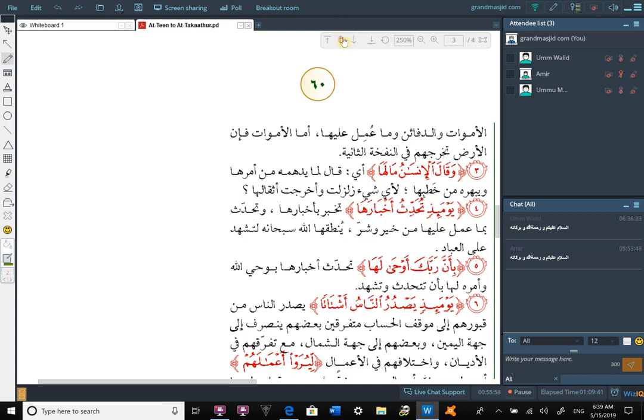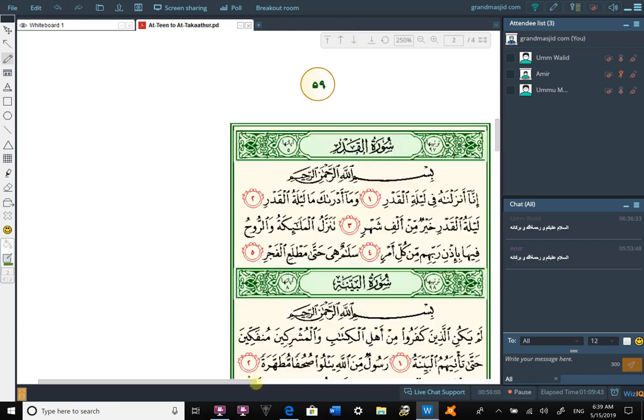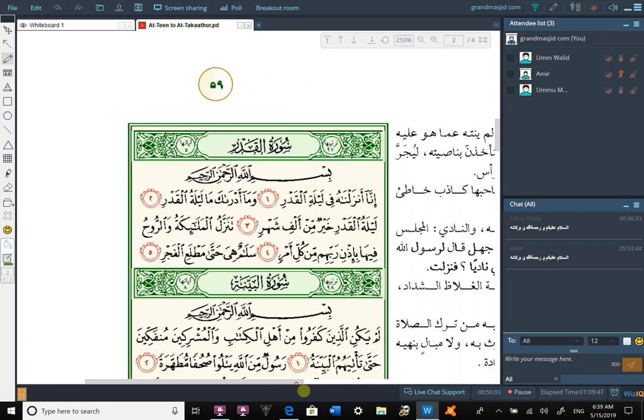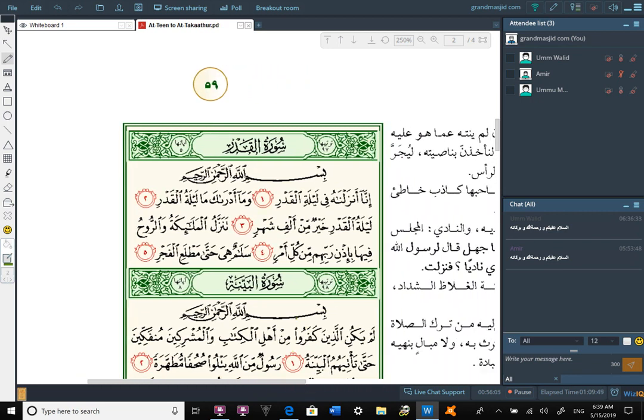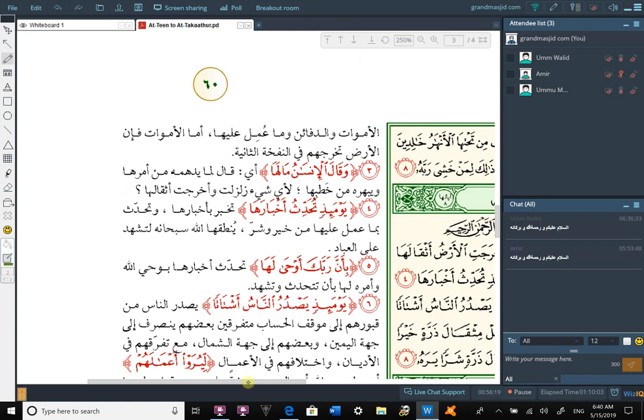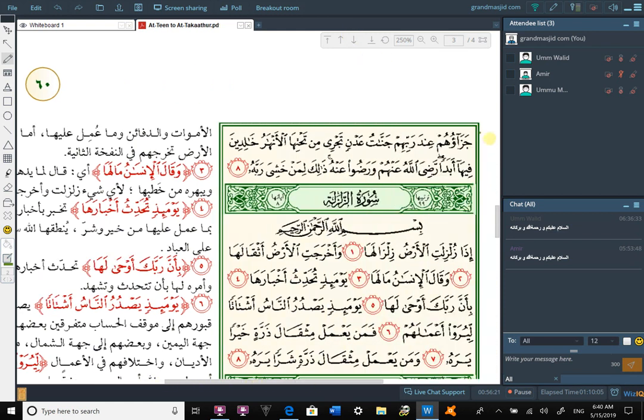Inshallah ta'ala, tomorrow, bi'idhnillah ta'ala, we will go over Surah Al-Qadr and Surah Al-Bayyinah. And Surah Al-Bayyinah, as we can see, goes over 2 lines onto the next page.